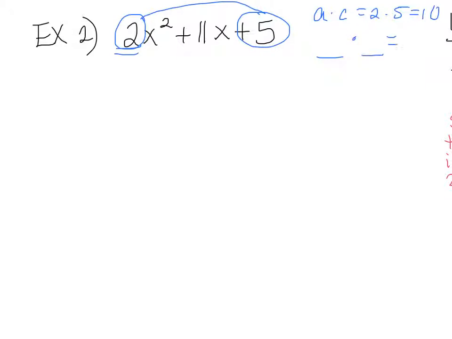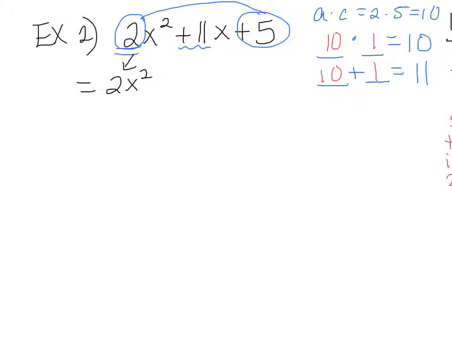So 2 numbers that multiply to 10, and then those same 2 numbers need to add to the middle term, the 11. So I find 2 numbers that work. In this case, it's 10 times 1 and 10 plus 1. So I rewrite this in the next step. I'm going to have 4 terms. The first term is just the original first term.